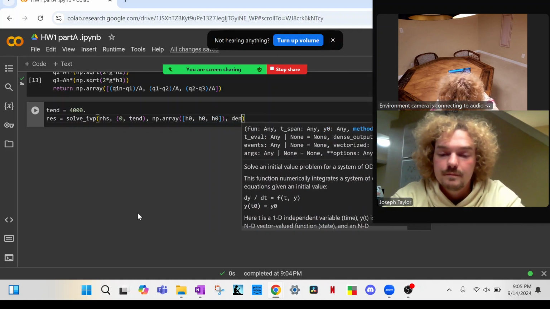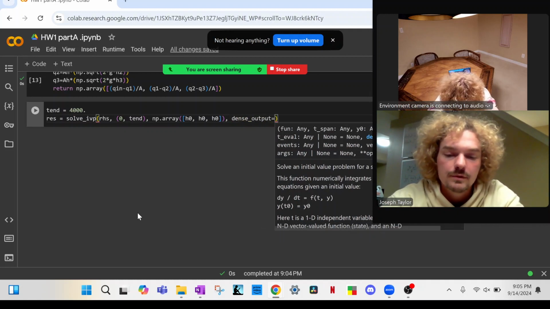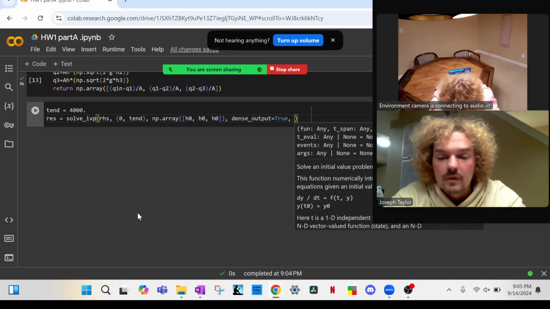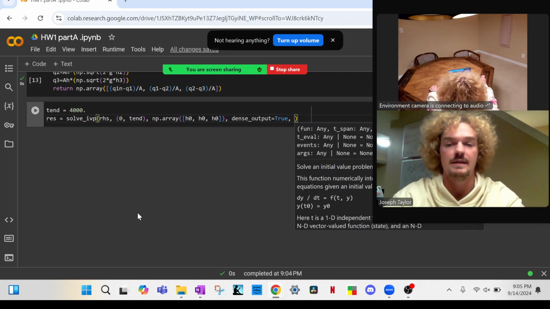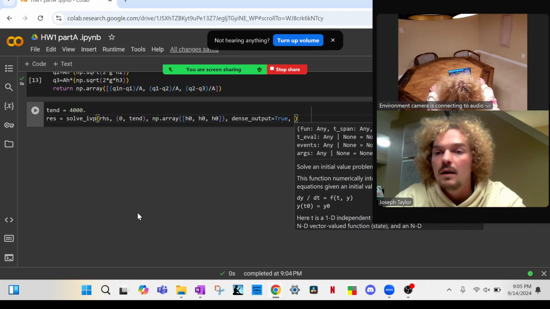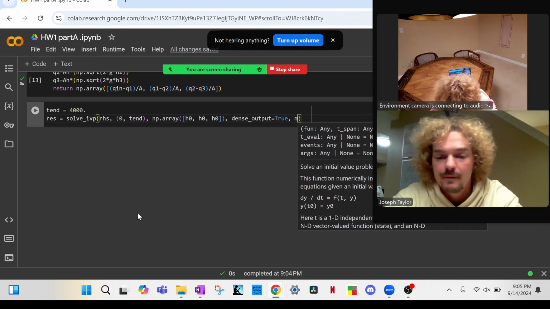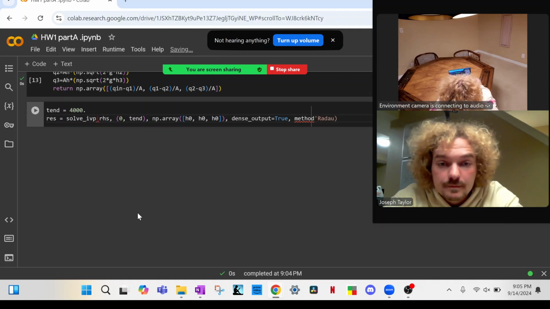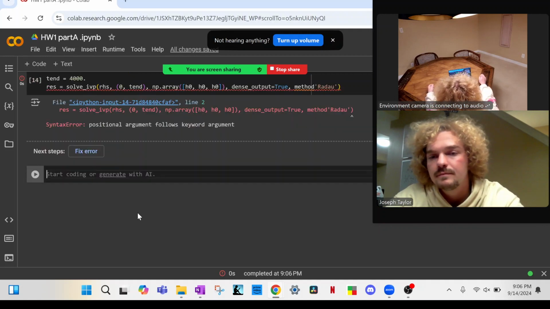And then, since output equals true. And then the method we're going to use is Radau, because I've been told that that is the most powerful method of calculating this. So, shift enter.